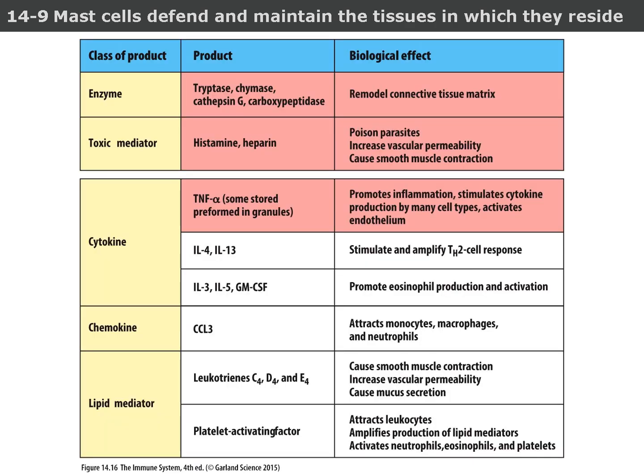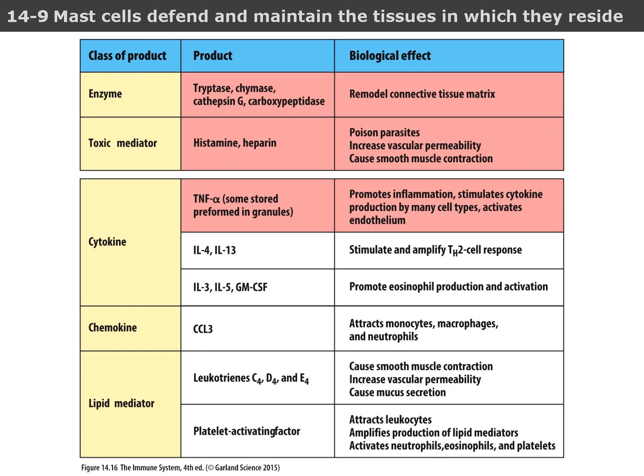Mast cells release a variety of products to defend tissues. Enzymes such as tryptase and chymase remodel the connective tissue matrix. Toxic mediators like histamine and heparin poison parasites, increase vascular permeability, and cause smooth muscle contraction. Cytokines, including tumor necrosis factor alpha, promote inflammation, while interleukin-4 and interleukin-13 stimulate the T helper 2 cell response.